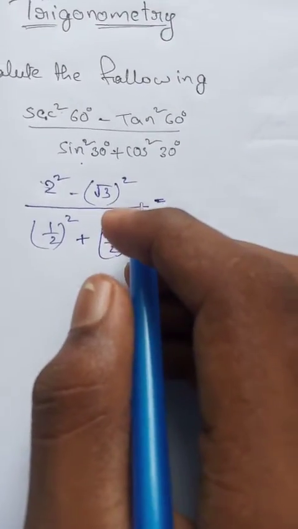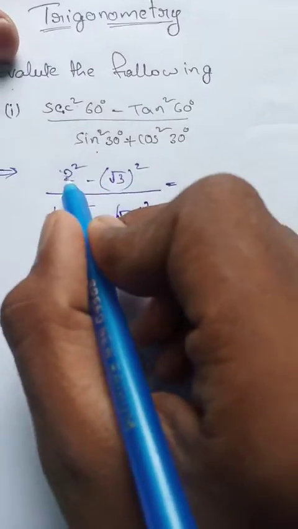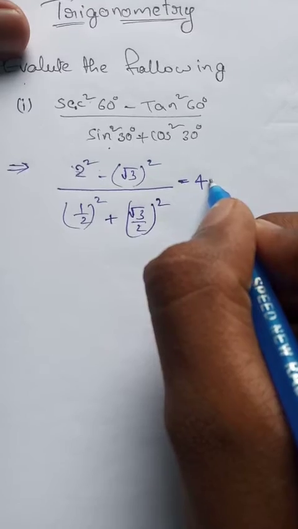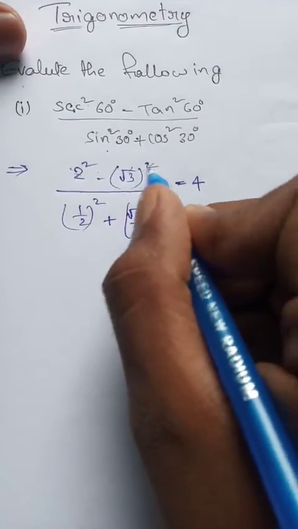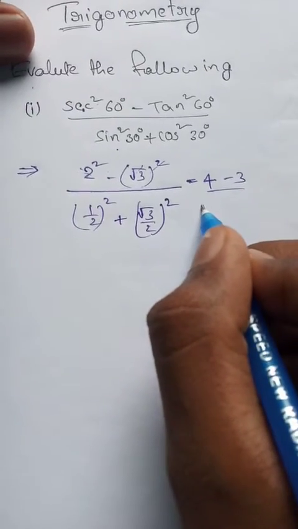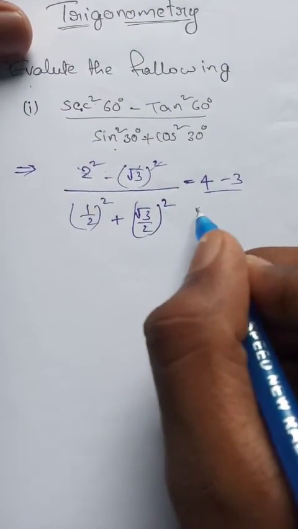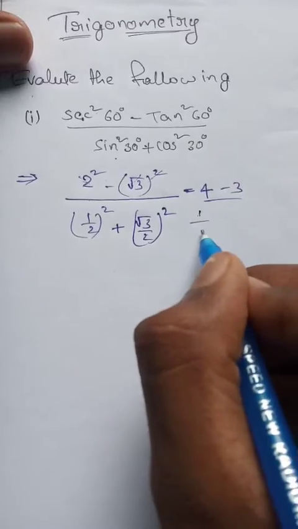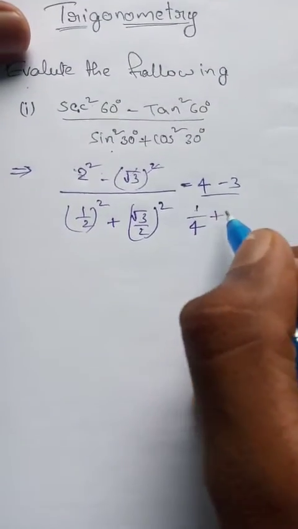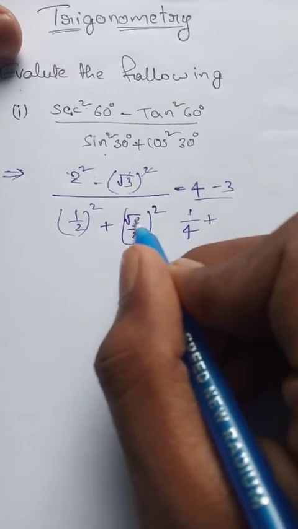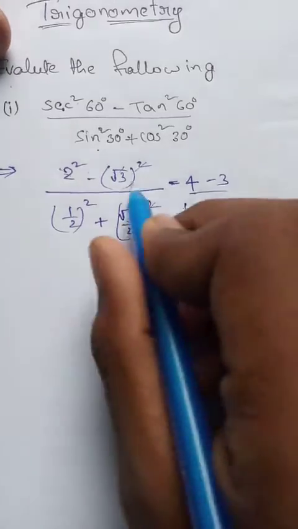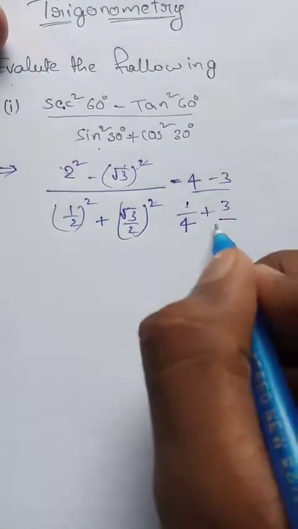That equal to 2 square is 4 and √3 square is 3, and 1 by 2 whole square equal to 1 square 1 and 2 square 4, plus √3 square equal to 3, and 2 square is 4.